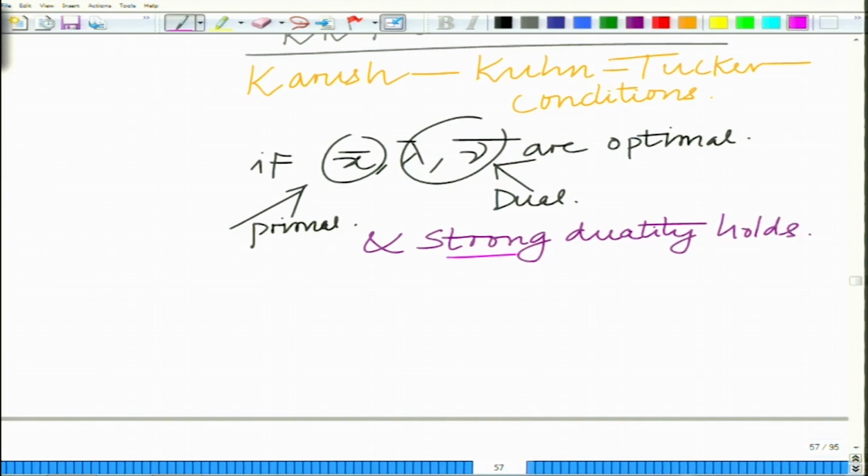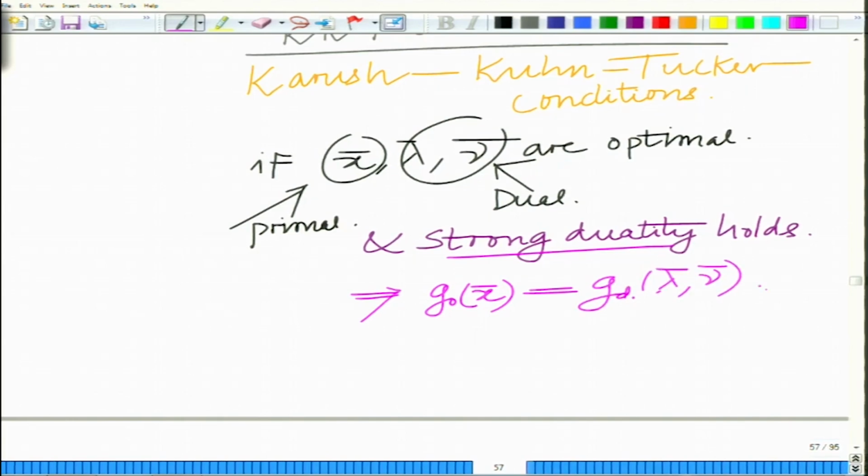This implies that G naught of x bar equals G D of lambda bar, nu bar.